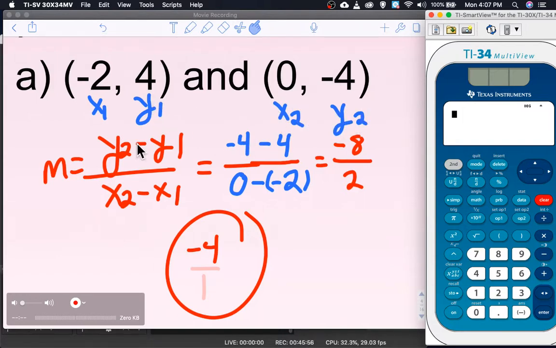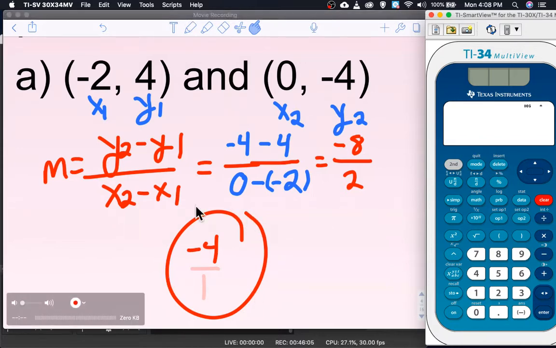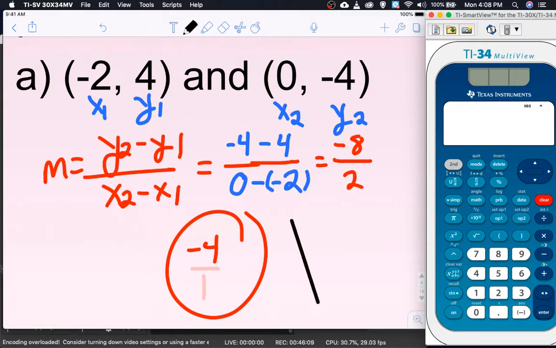We plugged our numbers into our formula, and then we just did the math. And that was our slope. Now we know what this actually means. It means this line would look something like this, where from one point to another, it's going to go down 4 over 1. We didn't know that originally, but now we do.